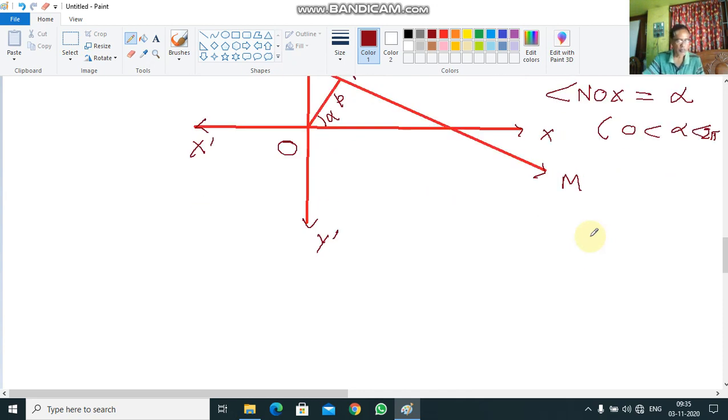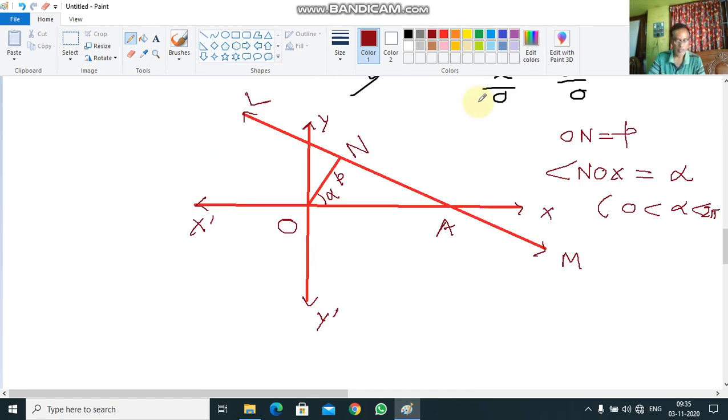Let us assume that the line LM intersects the x-axis at A and the y-axis at B.